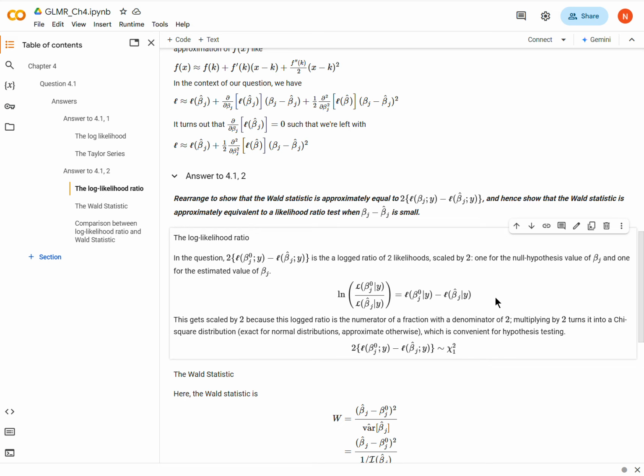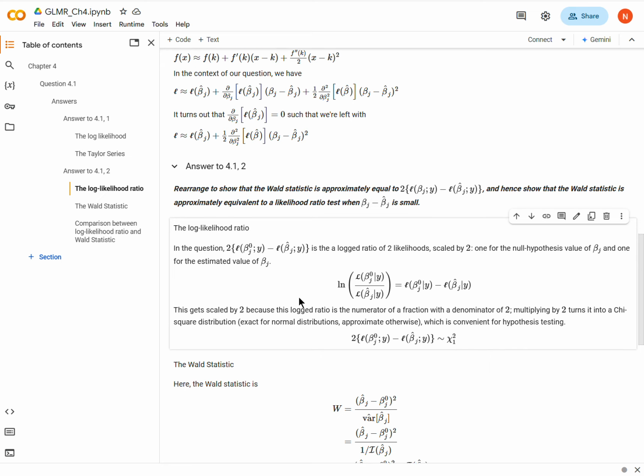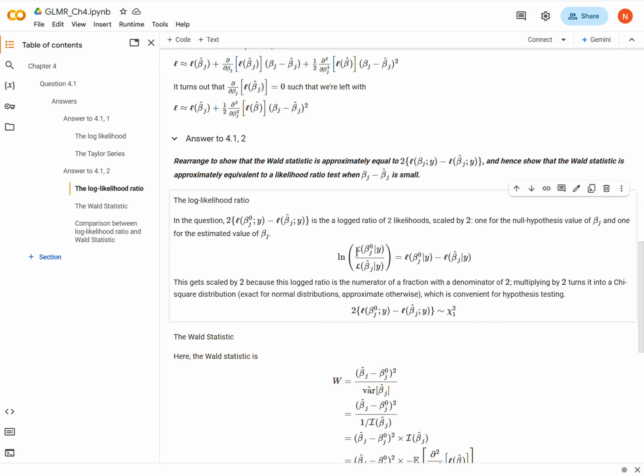Sometimes it's gratifying to see why that's a ratio. If we had the ratio of 2 likelihoods and took the logarithm of that, taking the logarithm of a ratio is the same as taking the logarithm of the numerator and subtracting the logarithm of the denominator, and so we would get this.